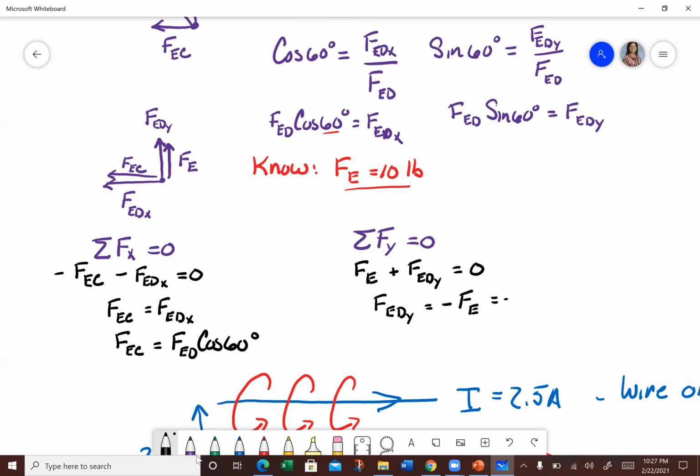So that equals negative 10 pounds. Looking up here, plugging that in, we get FED sine of 60 degrees equals negative 10 pounds.